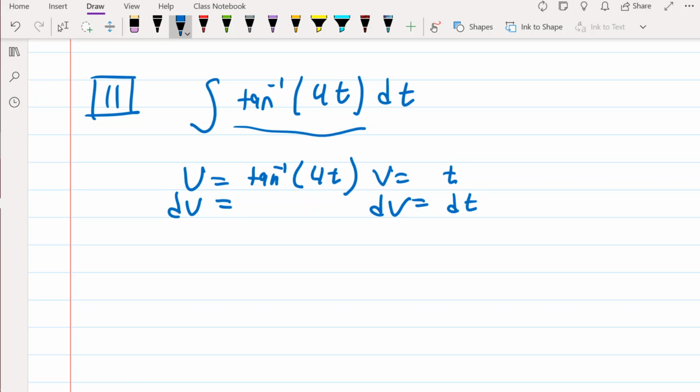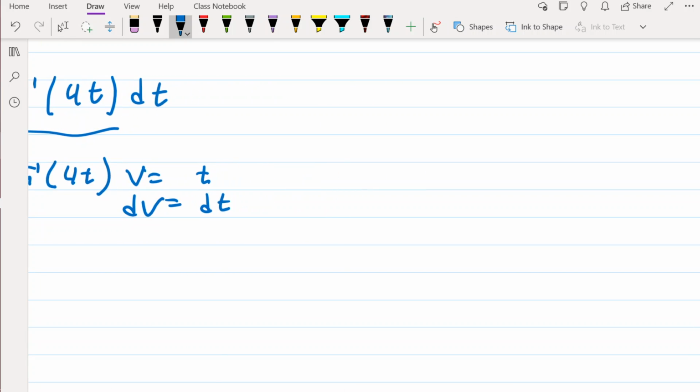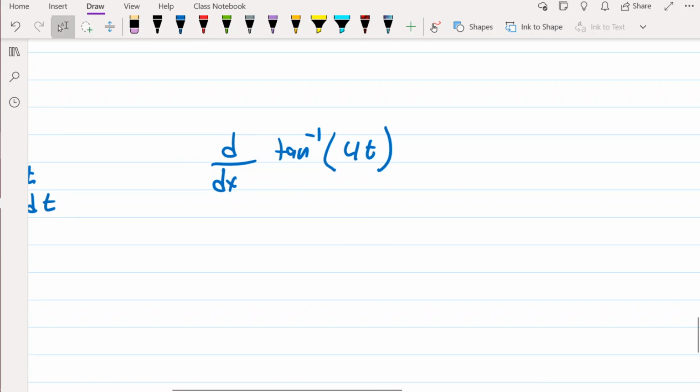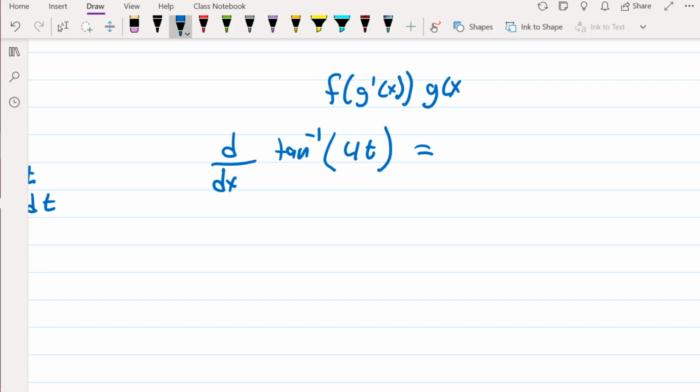Now we're going to need the derivative of tangent inverse. We're going to need to use the chain rule on this, because we have a term inside. Let me re-pull up the chain rule.